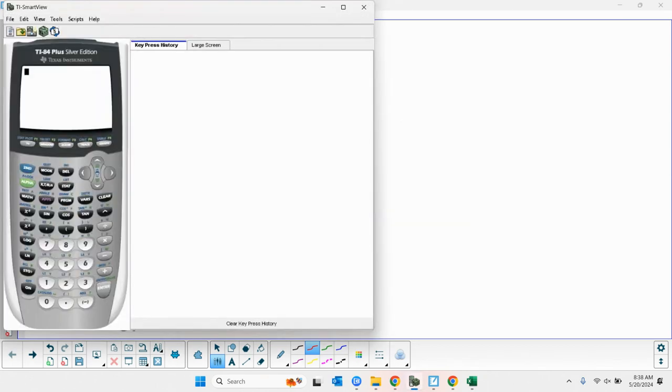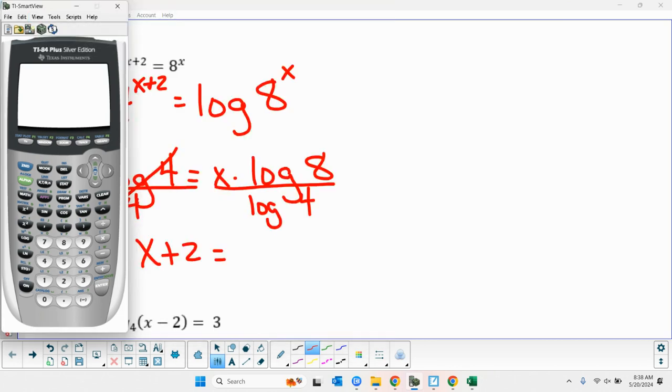Most of you should know that it's 1.5, but most of you probably don't know that, which is okay. So log of 8, close it off, remember, when you hit that log button, it gives you that left parenthesis, log of 4, you get that 1.5, okay?